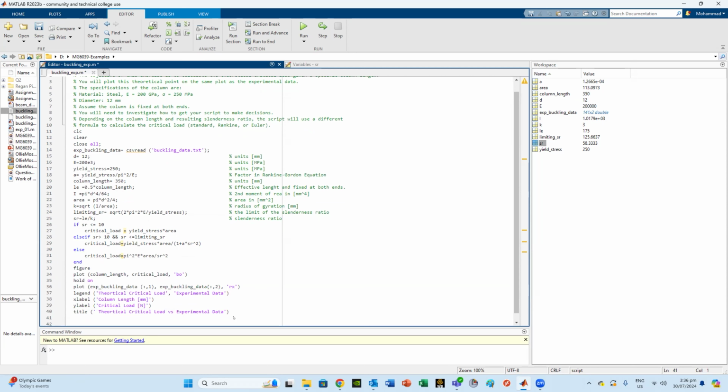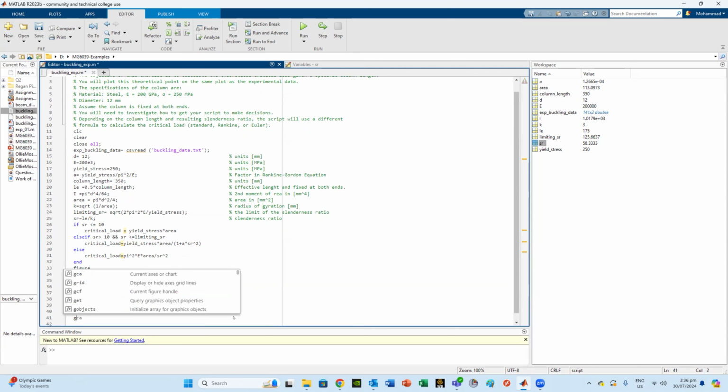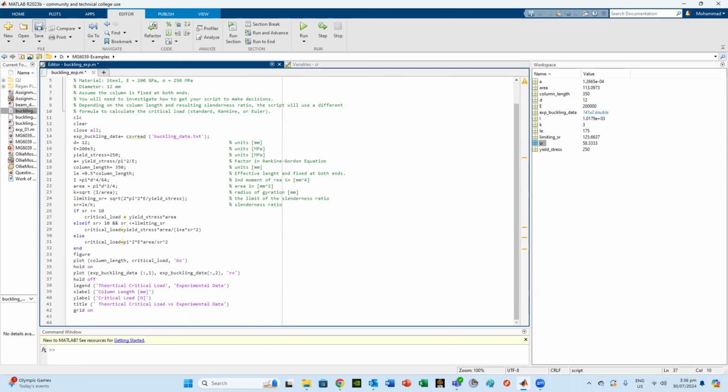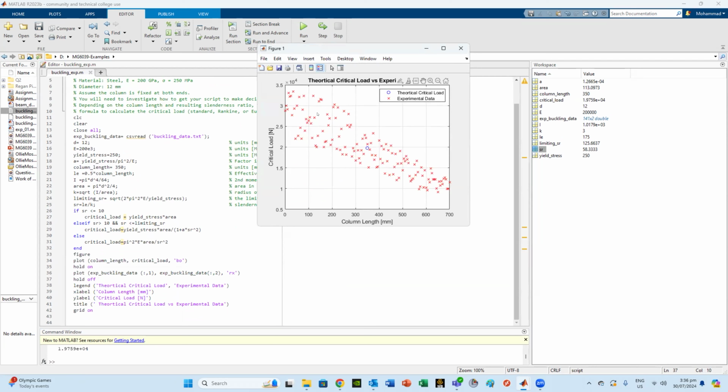And then we can add a grid on. Sometimes you can put hold on and hold off here if you need it, but sometimes we don't need that. And then we can run the script and see if it's working. All right, so it's working.